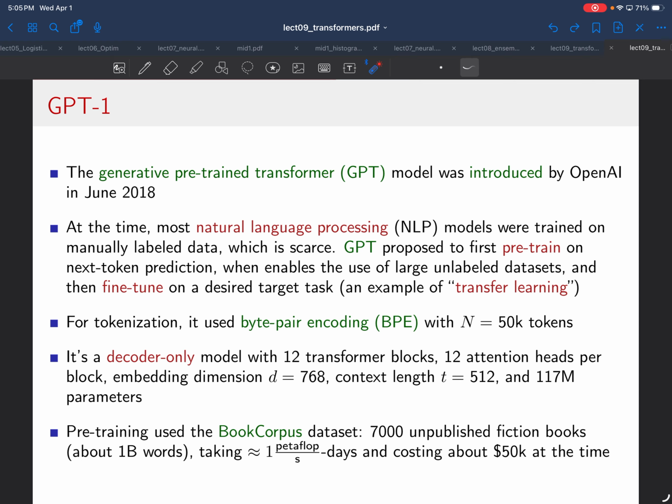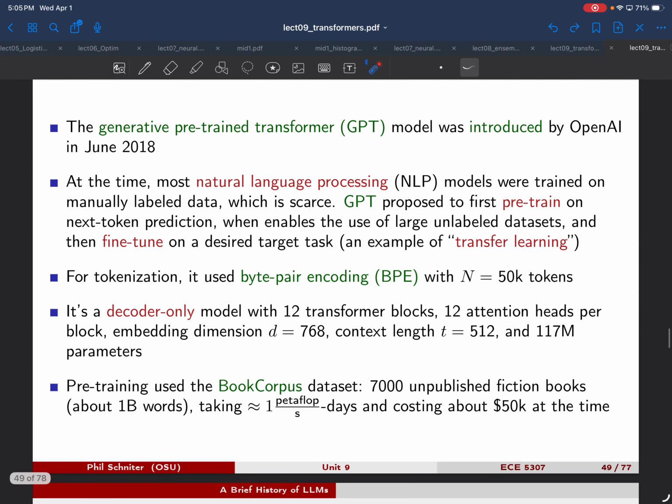What was novel here is they proposed to pre-train on next token prediction, as we've been discussing in this whole unit, which enables the use of large unlabeled data sets, just text from the internet, and then fine-tune on a desired target task, like classification or translation or whatever you want to do.